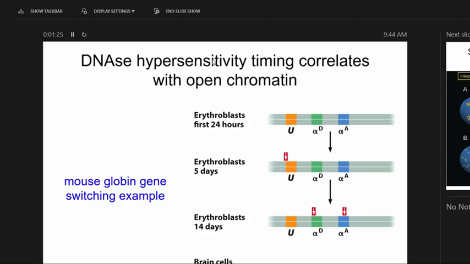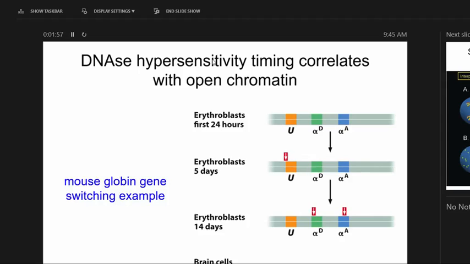Then you get a switch where later on, after 14 days of gestation, this gene is no longer accessible and these two others are, and that coincides with the time at which messenger RNA from this gene becomes less prevalent and goes away, and these two alpha globin genes' messenger RNA becomes more prevalent.